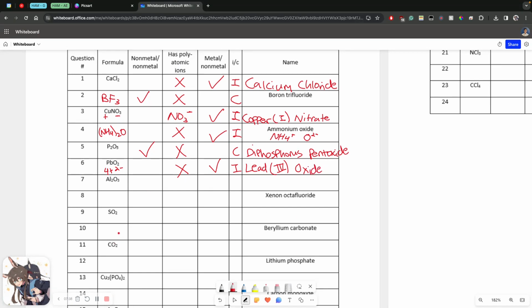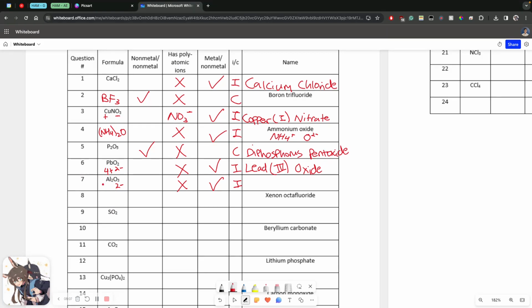All right, let's pick the pace up a little. Al2O3. We know Al stands for aluminum. Aluminum is a metal, which means it is indeed ionic. Oxide, once again, is not a polyatomic ion. And so Al2O3, we consider that the oxygen's charge is 2 minus times 3, which is 6. And divided by the amount of aluminums, there it is, 2.